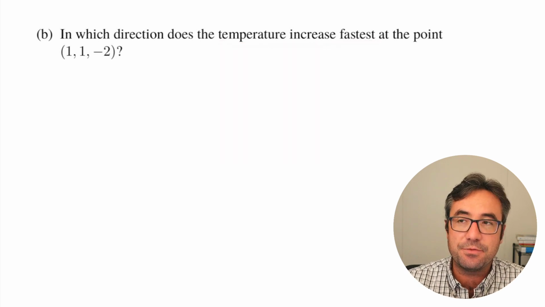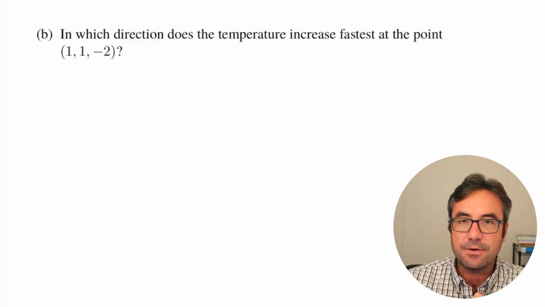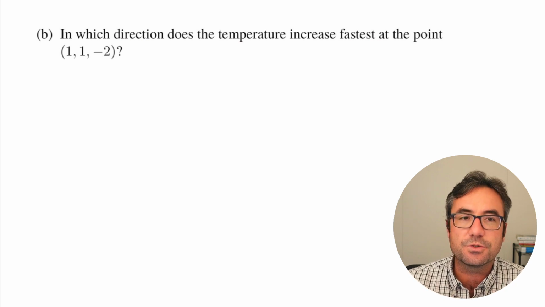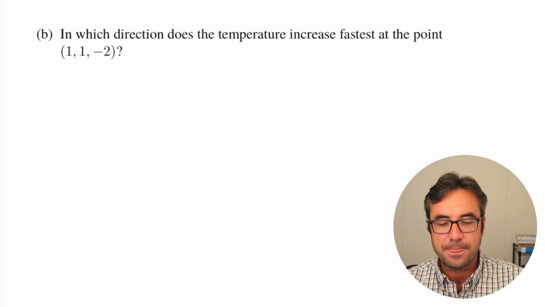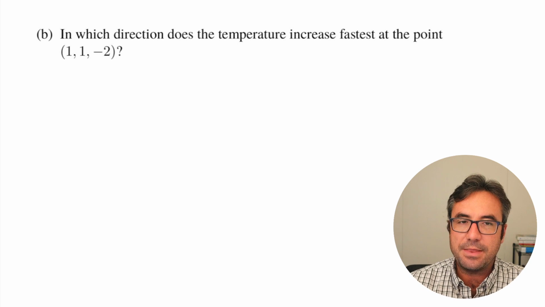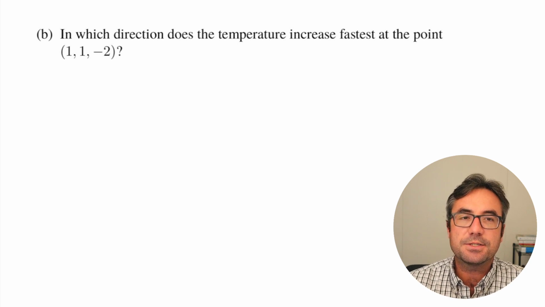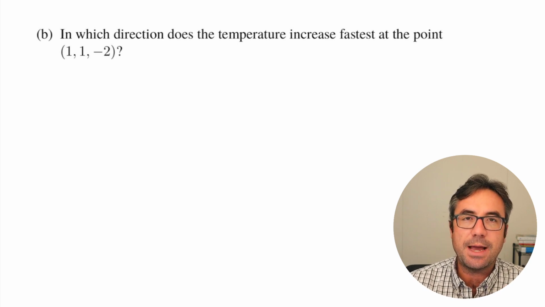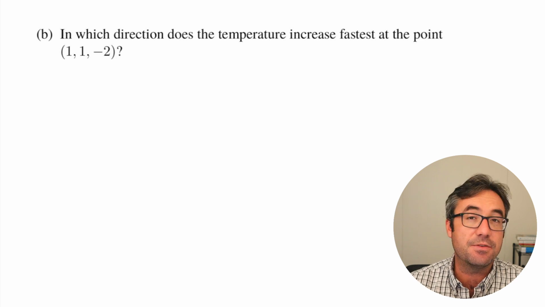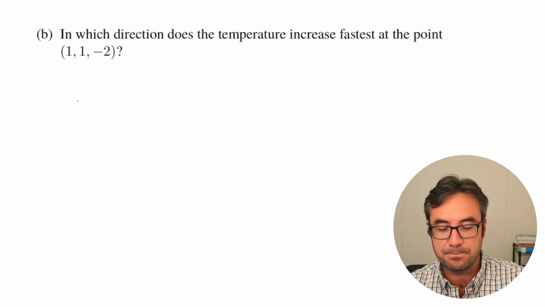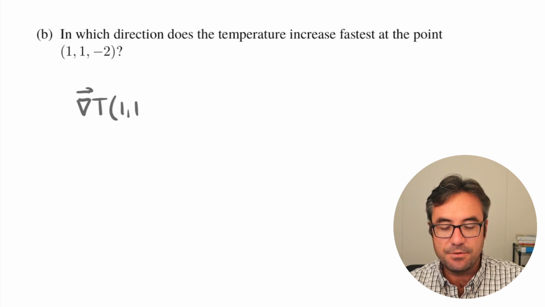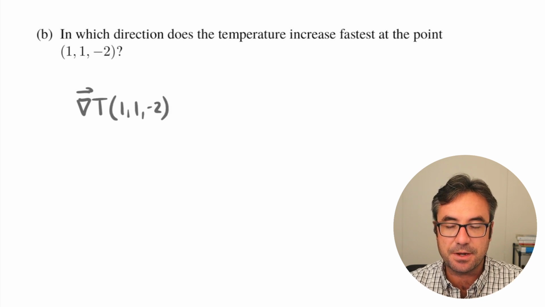That's talking about a derivative, so we're interested in the directional derivative. And we know by that result that where the change happens the fastest is given by our gradient. So we want to look at the gradient evaluated at this specific point.